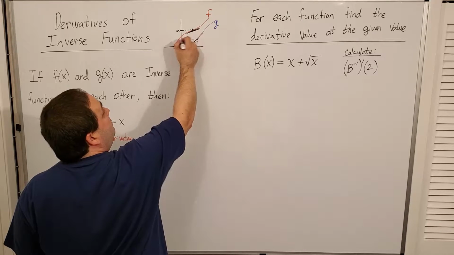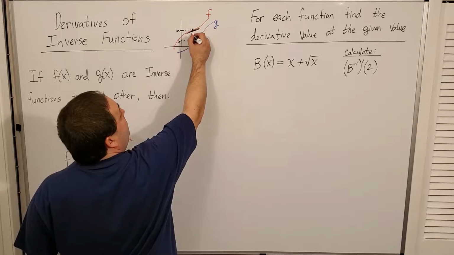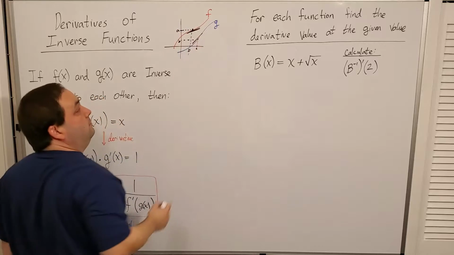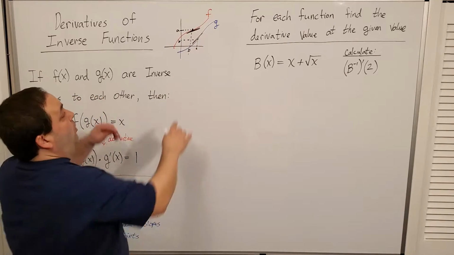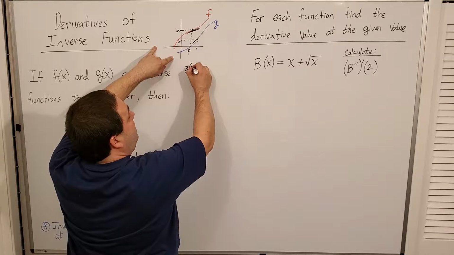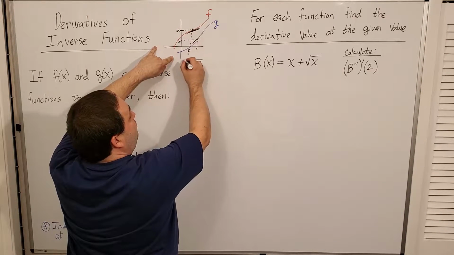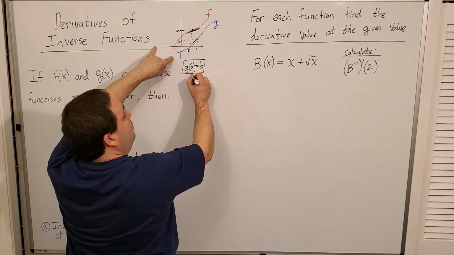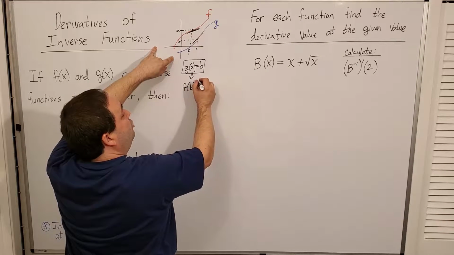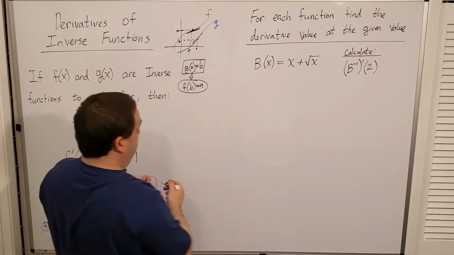We'll call it b. Then that same b value will be the input of f. Okay? In other words, the way this is set up, g of a is equal to some value b, and since they're inverses, then f of that same b value should give you a. Okay?